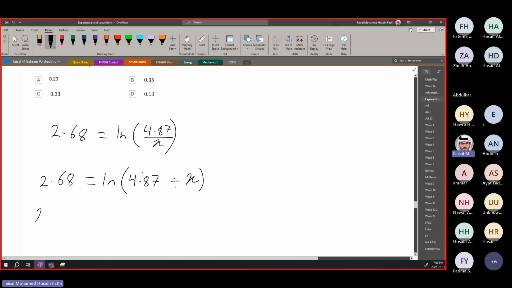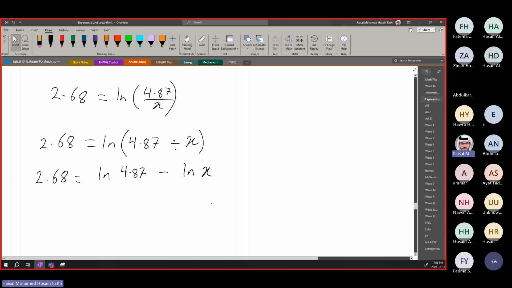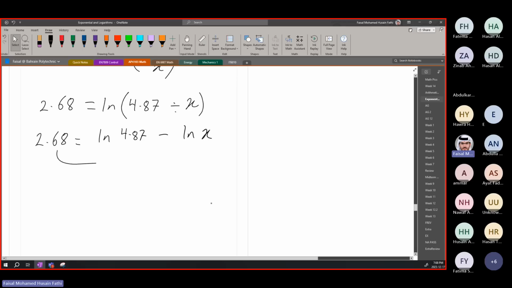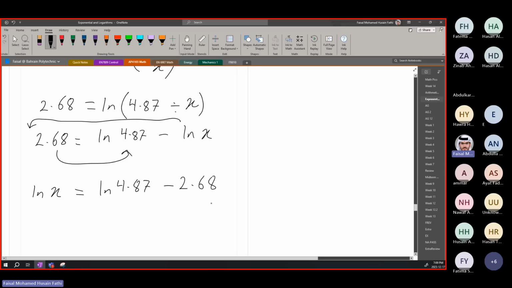So what can we do? We can now separate them. This is ln 4.87 minus ln of x. We bring this here, and we take the ln x to the other side. This will become ln x is equal to ln 4.87 minus 2.68, all right?